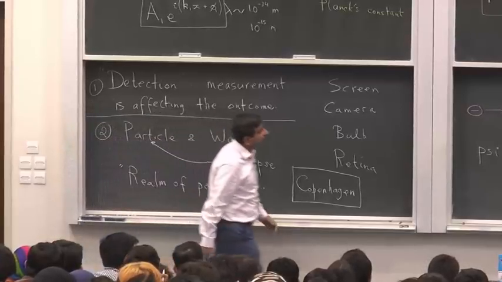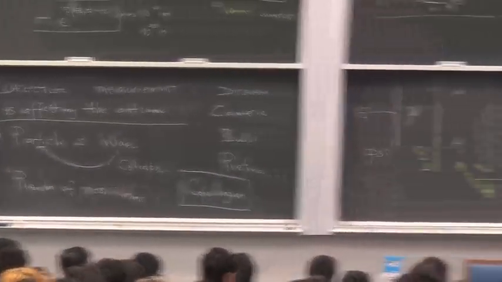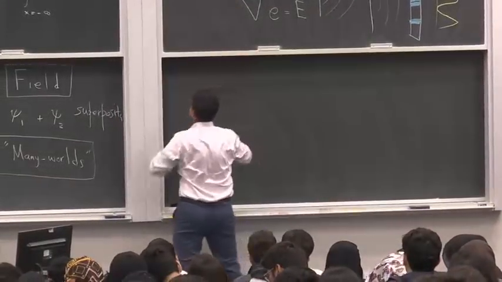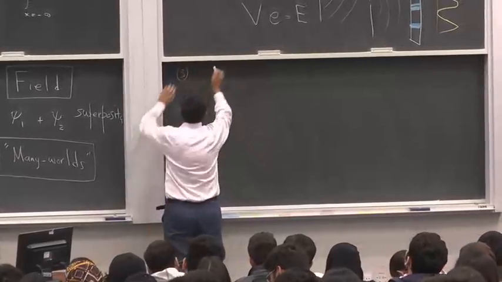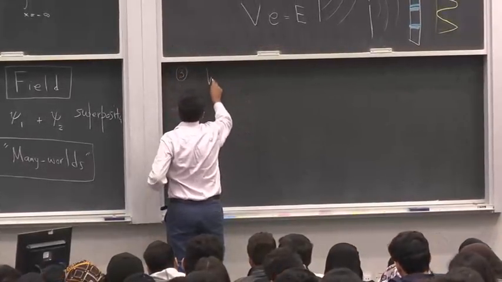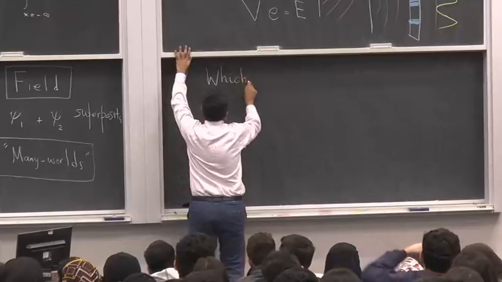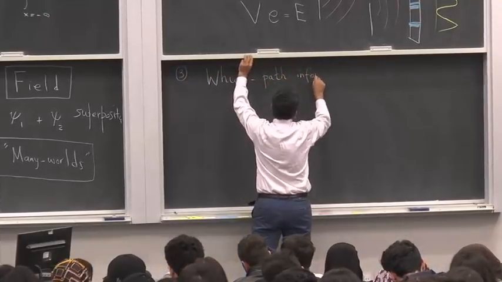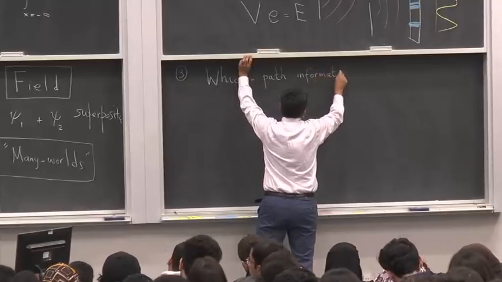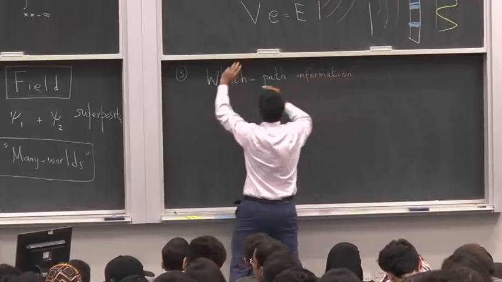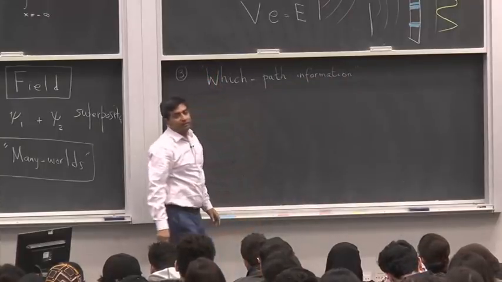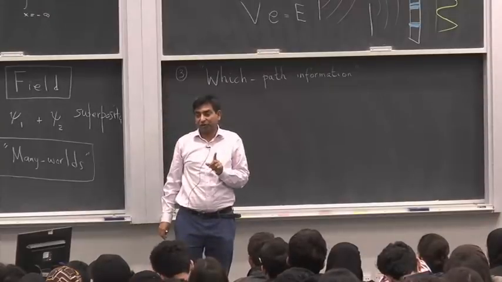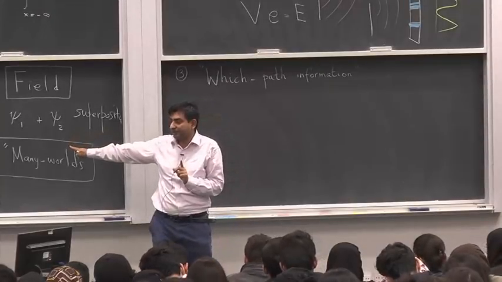And the third thing I would like to highlight is the which path information. Right? So if you have the which path information of the electron, you don't see the interference pattern.